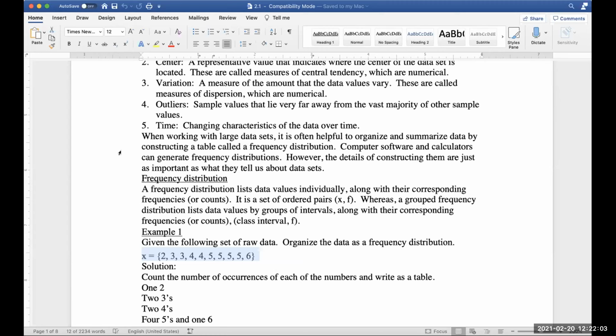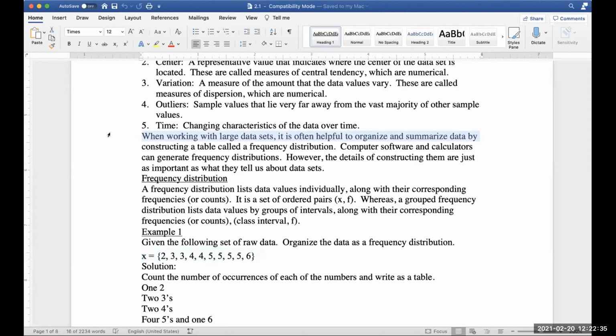It's hard to see what's going on by looking at a lot of numbers. So there may be ways to organize the data so that it is easier to visualize. Suppose we have 10,000 different pieces of data, but they only take on 20 differing values. Well, in that case, I could organize it according to a frequency distribution.